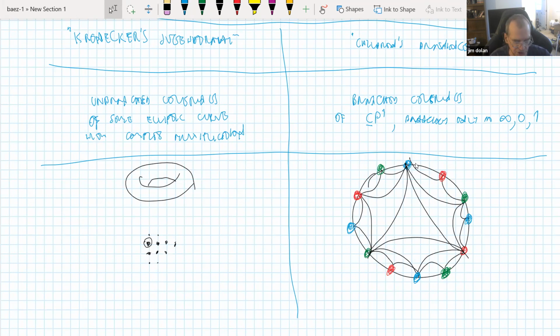Then try and stare at this picture and try to see those ways of folding it up in this picture. I'm being very inexplicit about what I mean by that, but I think it's going to make sense.